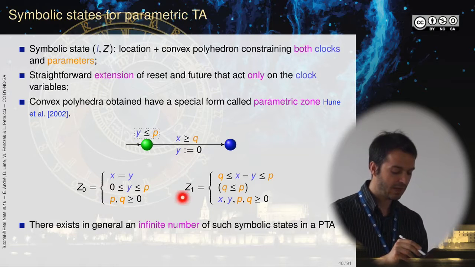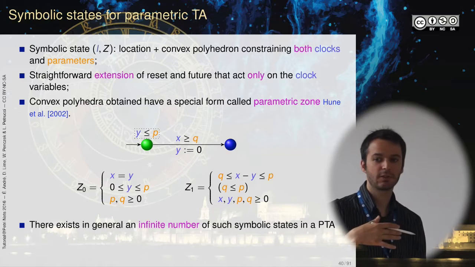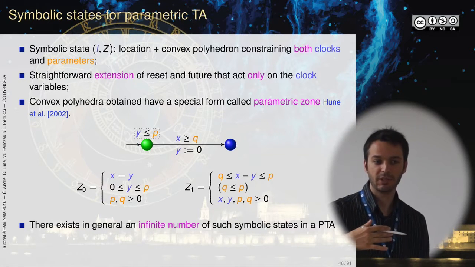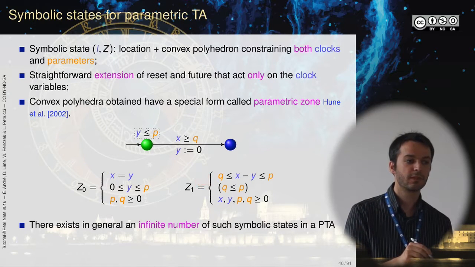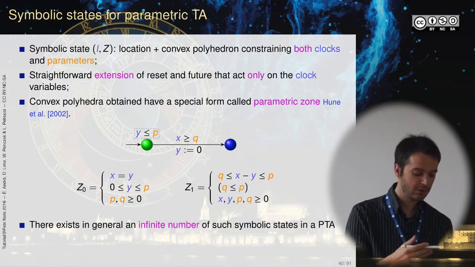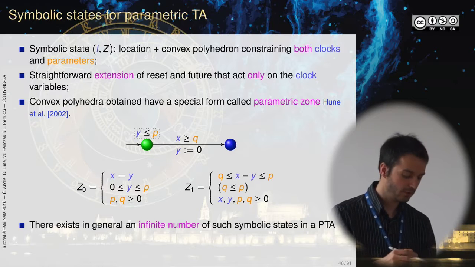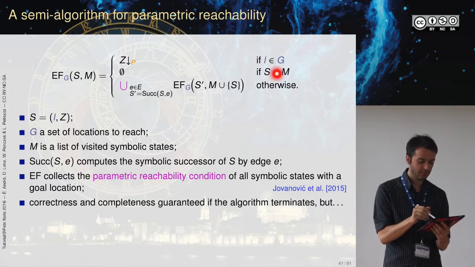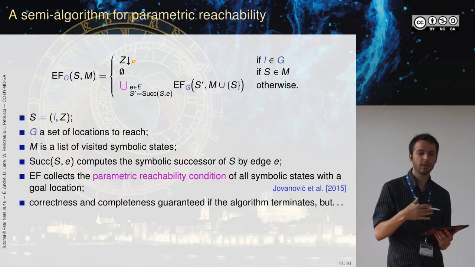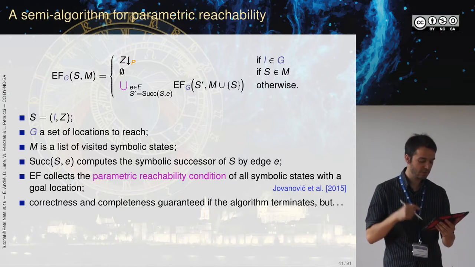On the previous slide, I had a symbolic zone with clocks and parameters. And if we project this onto the parameters, we eliminate the clock variables using a variable elimination technique, and I will get exactly q smaller or equal to p. So this is a reachability condition. It is a condition under which the blue location is reachable. So I can reach the blue location if and only if q is smaller or equal to p. So if I met my goal location, my target location, I will output the projection, the parametric reachability condition.